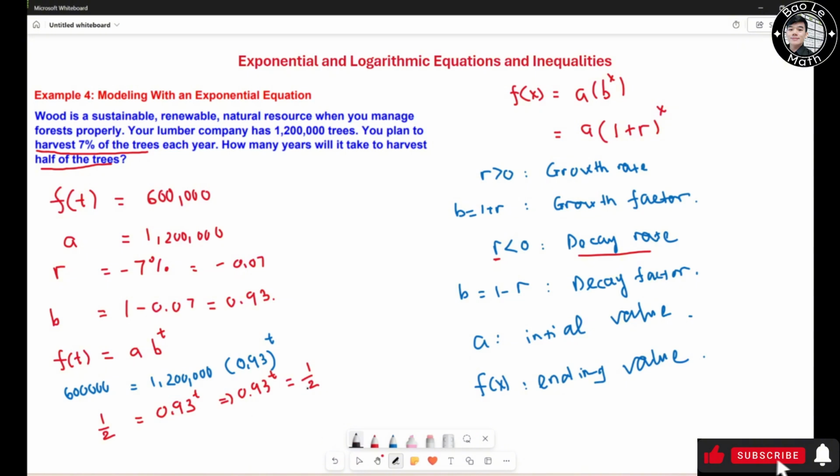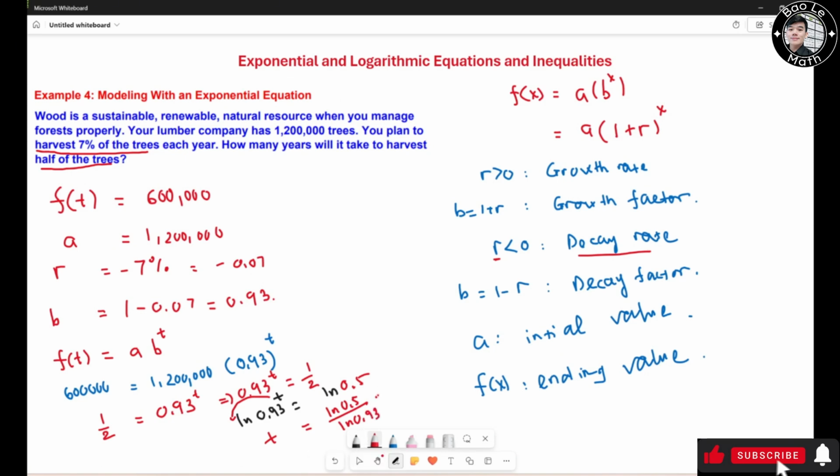Now you just take the natural log of both sides, so natural log of 0.93 to the power of t equals natural log of 1/2, which means 0.5, so I just put natural log of 0.5. Alright, so t you can bring to the front, so t equals natural log of 0.5 divided by natural log of 0.93.